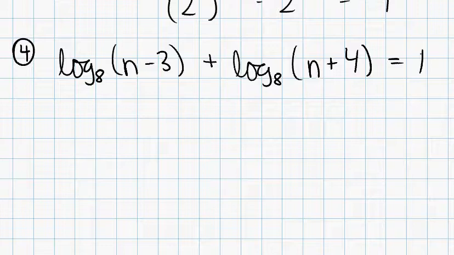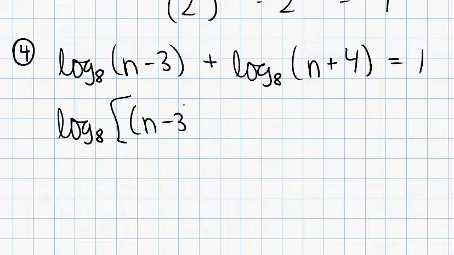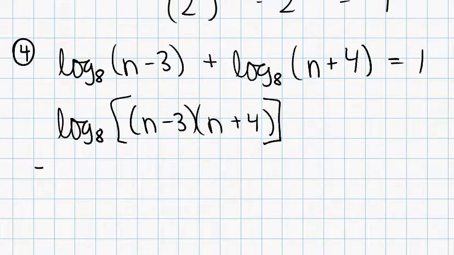And what are you multiplying together? 2 binomials. And how do you do that? You distribute correctly, which we usually call FOIL. So this is log base 8 of the quantity n minus 3 times the quantity n plus 4. We use the product property. So you're going to FOIL, or just distribute correctly.